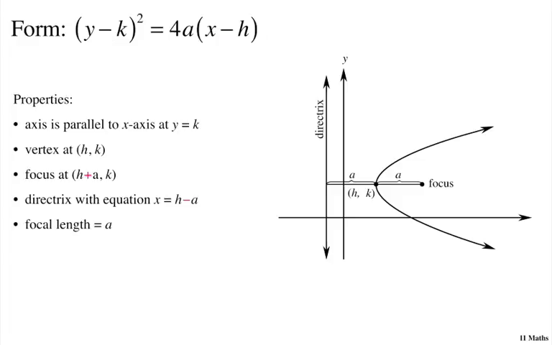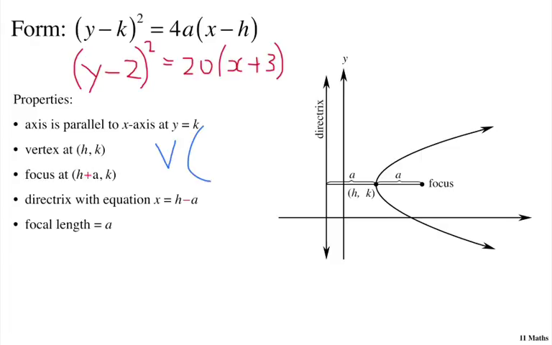Now, be really careful. If I actually had something like y minus 2 in brackets squared equals 20, x plus 3, what would the vertex be? Well, the vertex comes from the brackets, but the vertex would actually come from the x bracket first, not the y bracket.